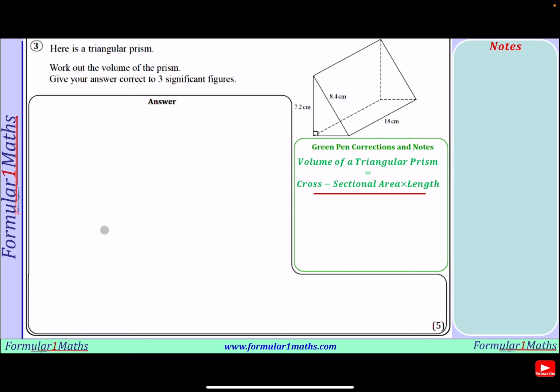The length of the prism is very obvious, but what about the cross-sectional area? This is the cross-sectional area. In this case, it's a right-angled triangle. It's the cross-sectional area because it runs through the whole length of the prism, like that.